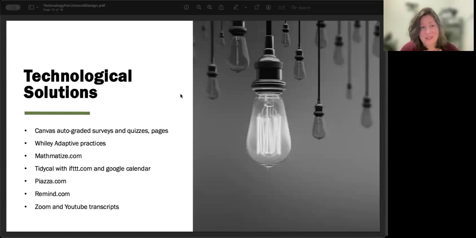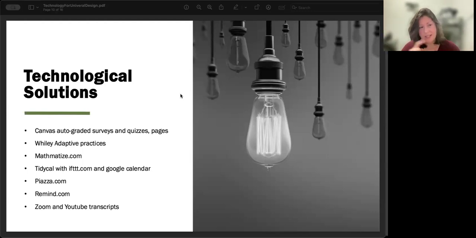And so I'm very grateful that I've learned how to use TidyCal with If This Then That, so IFTTT.com. If you've heard of this, you might know how old it is, but it's been around for a while. Basically TidyCal is like Microsoft Bookings, it's like Calendly, any of these programs where you have a booking page and students can click on whatever booking they want to make, and it automatically goes into your schedule.